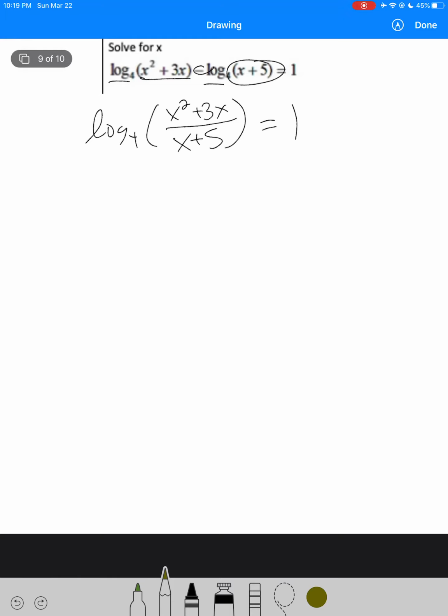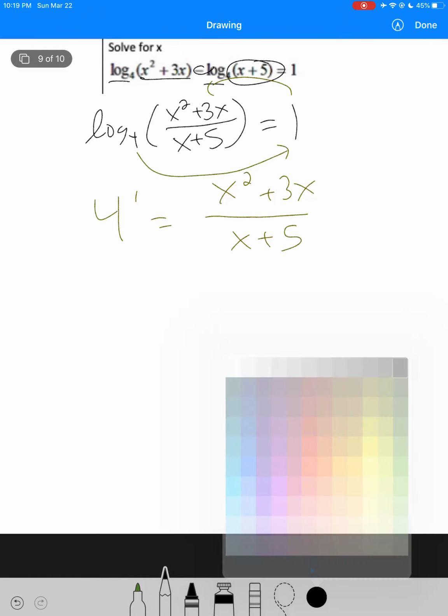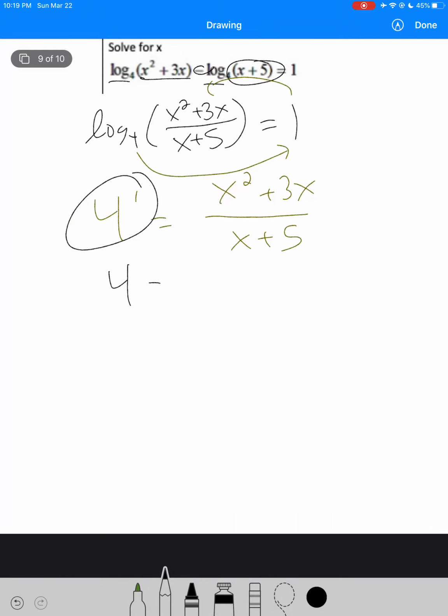What we can do, however, is rewrite this in exponential. 4 to the power 1 equals all of that. Okay. 4 to the power 1, that's just 4. And then here we can see that you can't divide these. So if you can't divide, what can we do to get rid of the fraction?